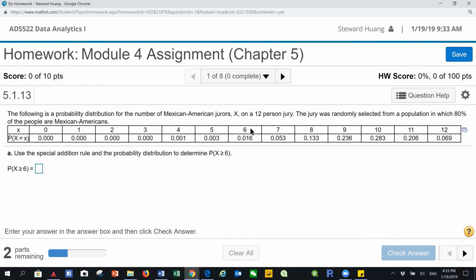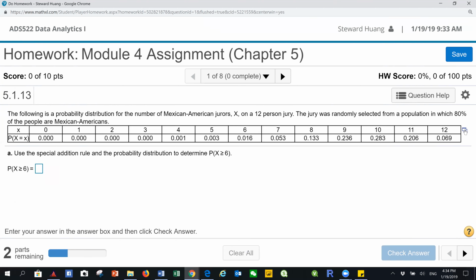Greater than or equal to includes 6 and higher, 6 to 12. So what you need to do is just sum up these numbers, under the column of probability, corresponding to the values of 6 and higher.